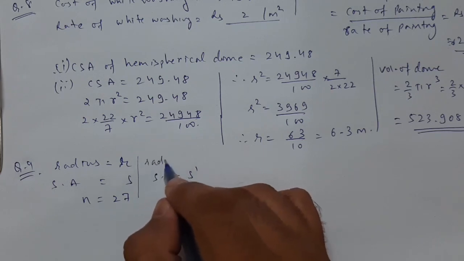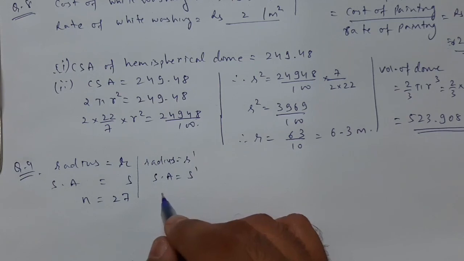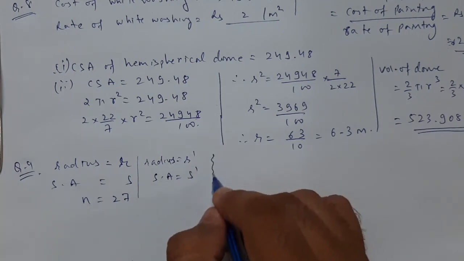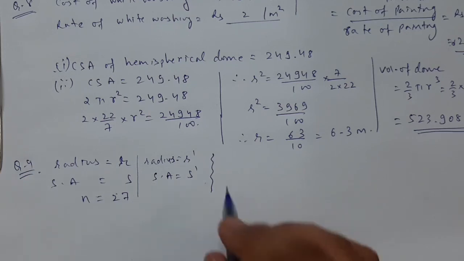So let us take the radius of this large sphere as r dash, and as I previously said to you, when questions come where one is melted to make another, we need to take the volume of both as same.